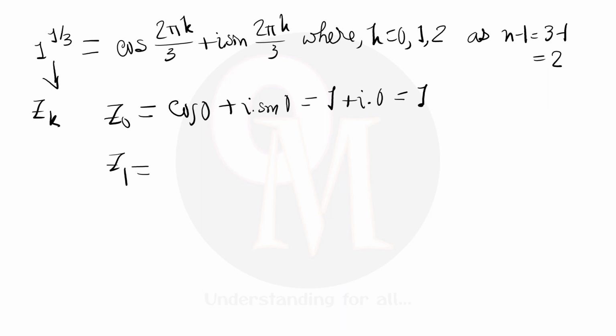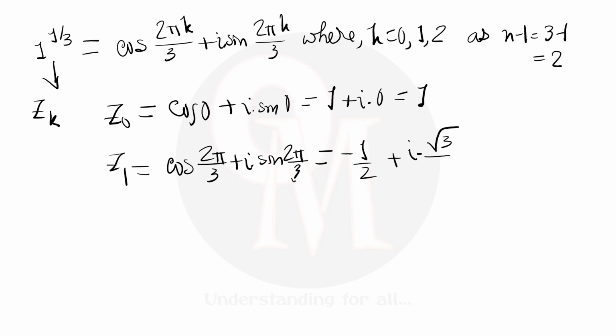z1 is nothing but cos of 2 pi by 3 plus i into sine of 2 pi by 3. You know what cos of 2 pi by 3 is? It's nothing but minus cos pi by 3, and that is, as you all know, minus half, plus i times sine 2 pi by 3, which is root 3 by 2.